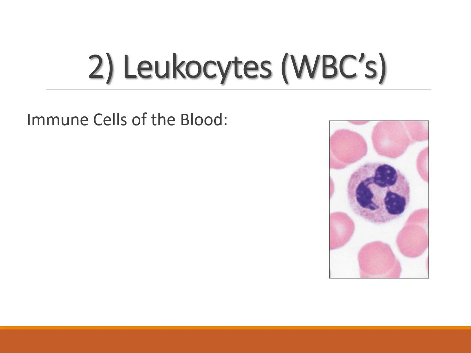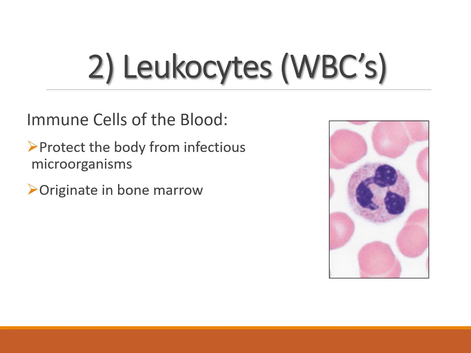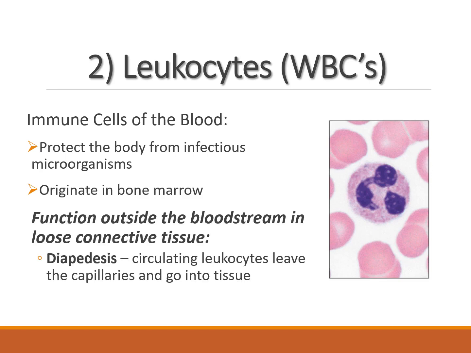So now let's talk about our leukocytes, or our white blood cells. And these are our immune cells, okay? So they protect the body from any sort of foreign pathogen, any infectious microorganism that's not supposed to be there. These guys originate in the bone marrow, right? They're produced in the bone marrow, and then they circulate throughout the body.